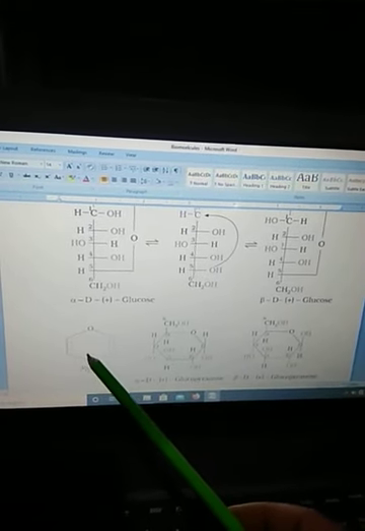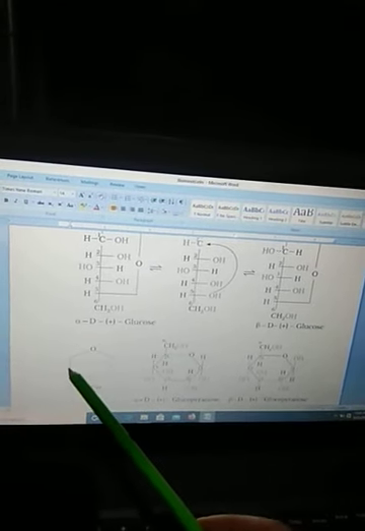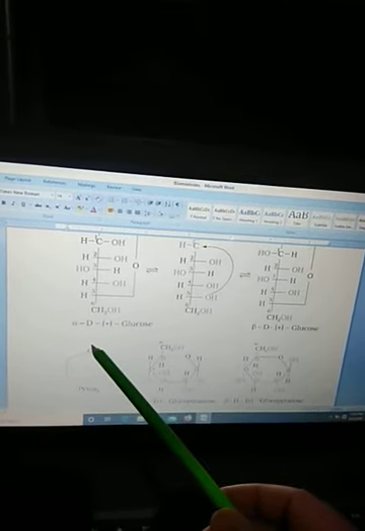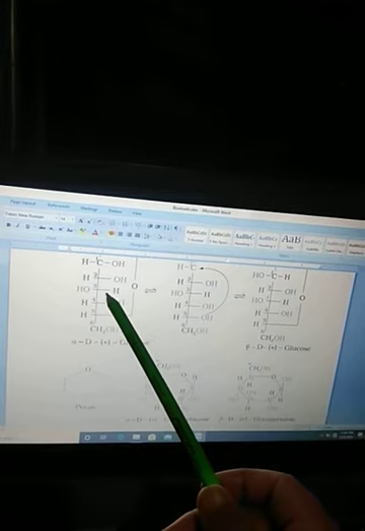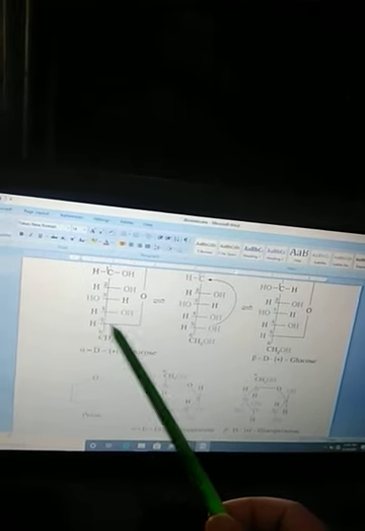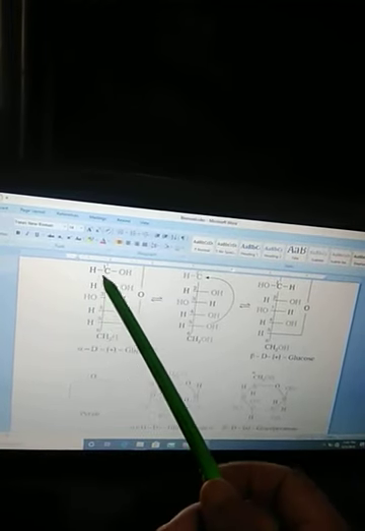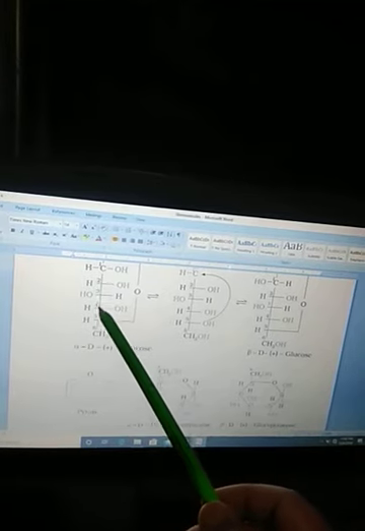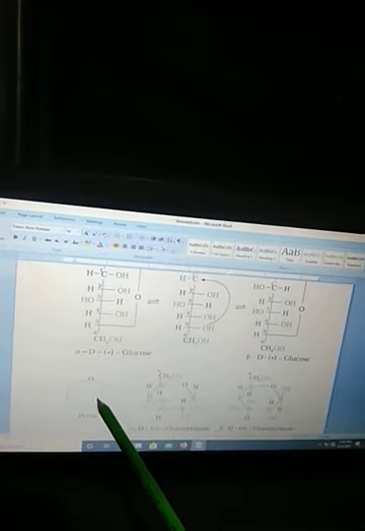It is one heterocyclic compound where, in a closed ring, we have got 5 carbon atoms and 1 oxygen. This is the pyran, and there we have got double bonds. In a similar way, if you see the structure of this alpha D glucose, it has formed a ring. Carbon number 5 and 1 have attached and formed a ring, with carbon numbers 1, 2, 3, 4, 5 and 1 oxygen. So the structures look similar to pyran.